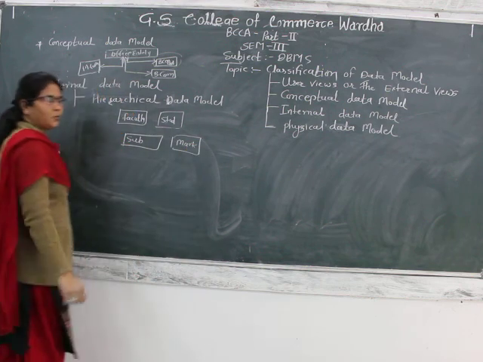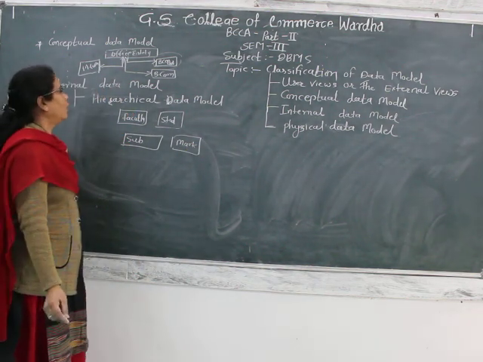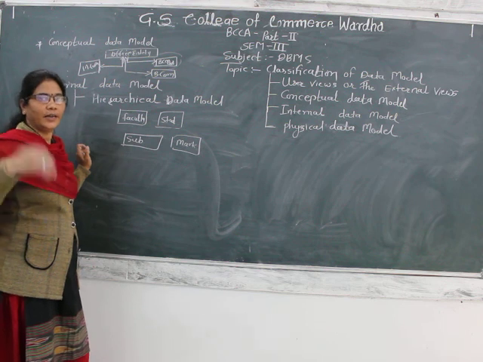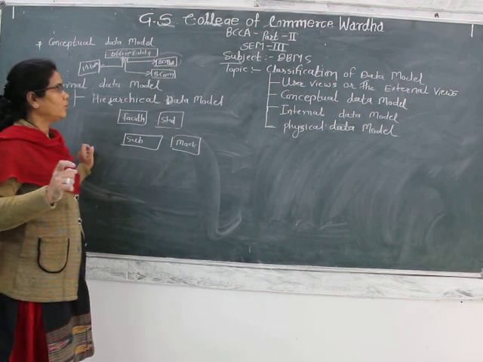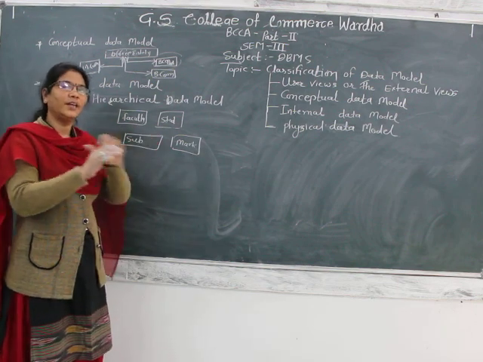This is the example. You can decide your own way, or you can consider the entity which is helpful for storing our data for the institution. So you can consider any example.